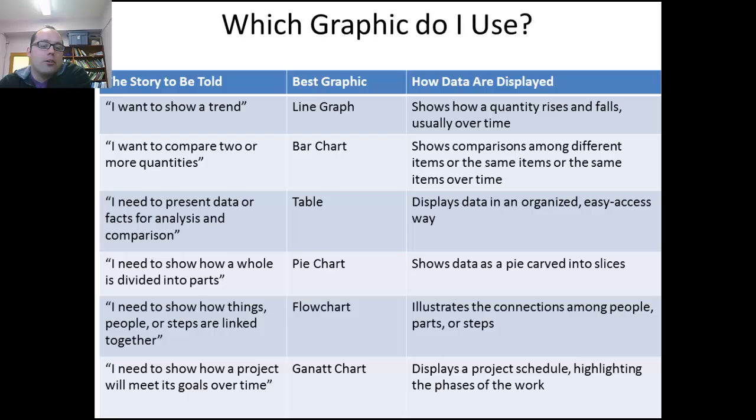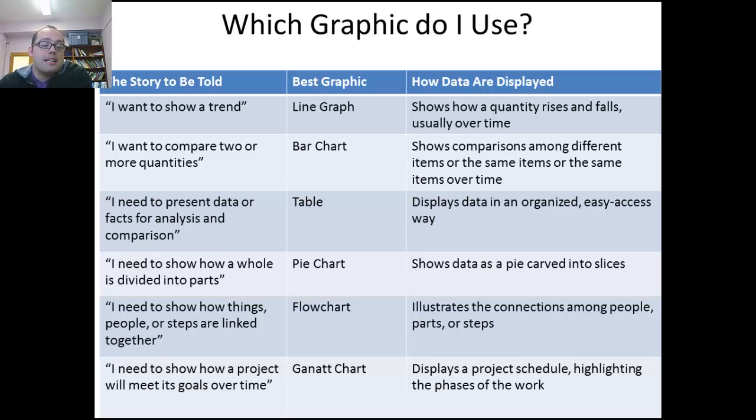But if you want to compare two or more quantities together, a bar chart is going to be great. And bar charts are great because they really bring in a comparison between different items or the same items over time. So for example, if you wanted to compare the yields per acre of organic versus conventional agricultural crops, the bar chart would be a great way to visually display that information.